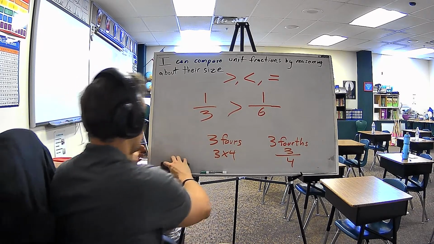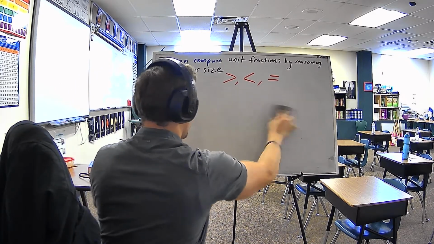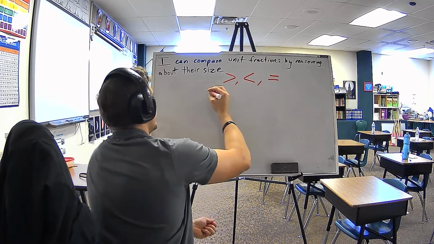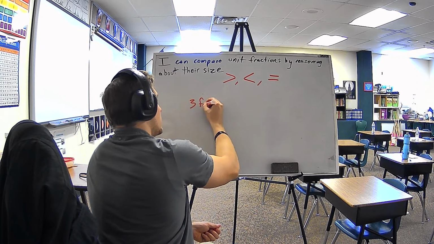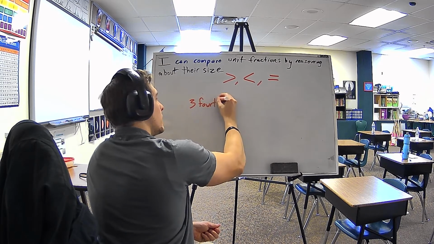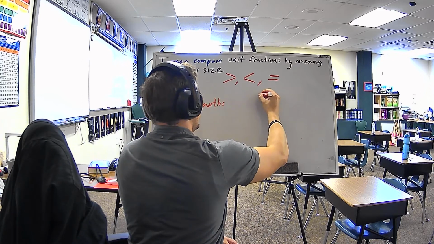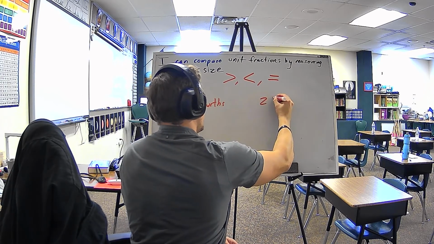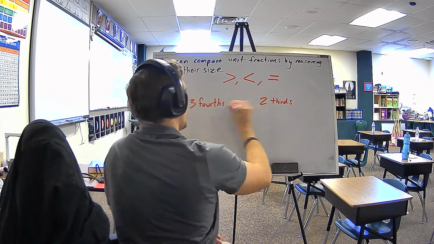So, using that idea here, we're going to ask this question: which one is larger in this situation? Let's stick with 3/4, fourths, and over here, let's say 2/3. Now, which one's greater?